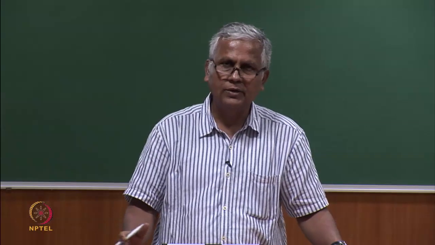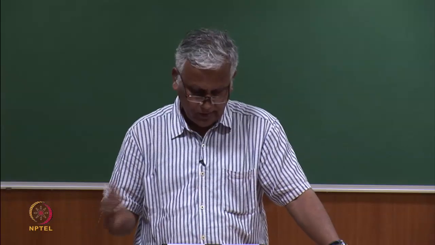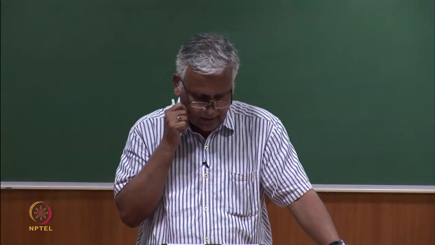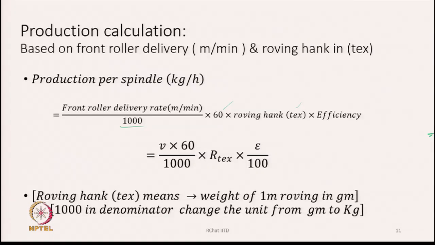It means that 1000 meters will weigh x grams. So, given the meters we have, we can find the weight per meter, and therefore the total weight of the length of roving that we are producing.